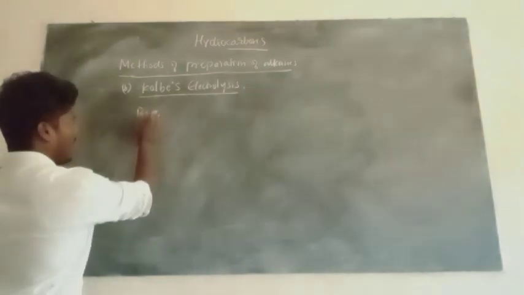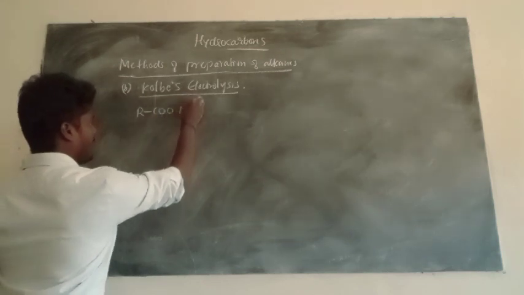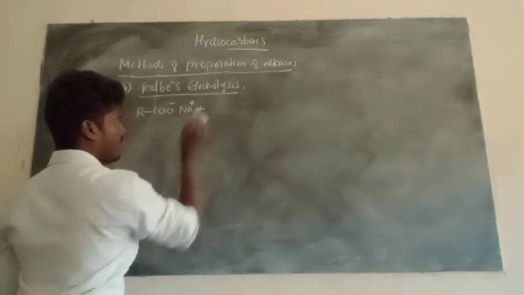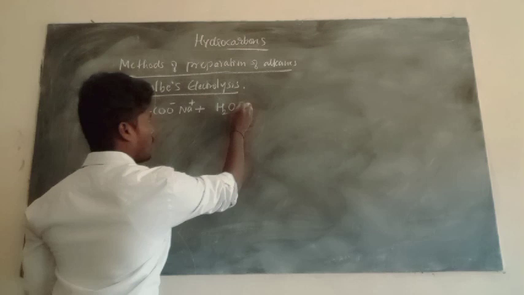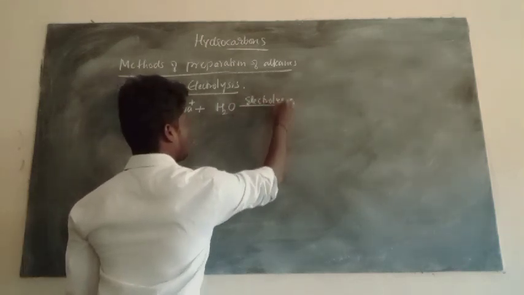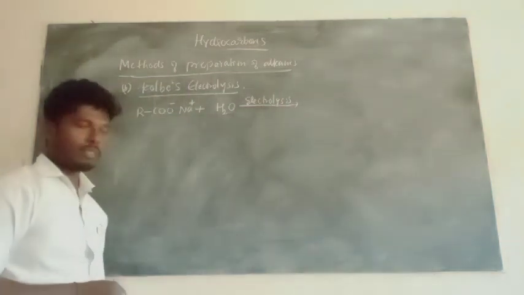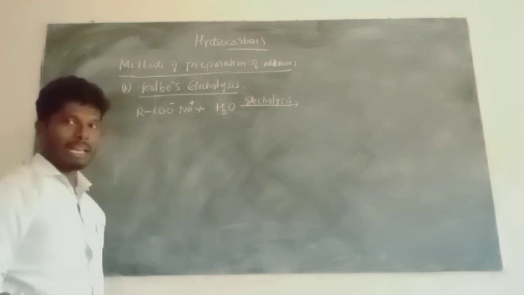Now observe the chemical reaction. The general reaction: R-COO-Na+, this is sodium carboxylate, which is treated with water, H2O. On electrolysis, meaning we are passing electric current in presence of electrodes, these get ionized and result in alkane.